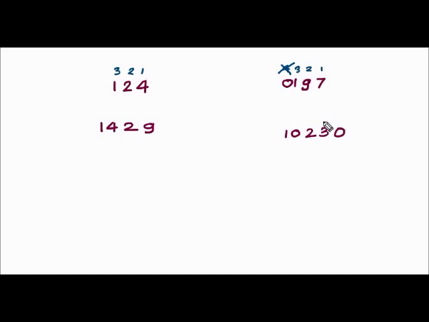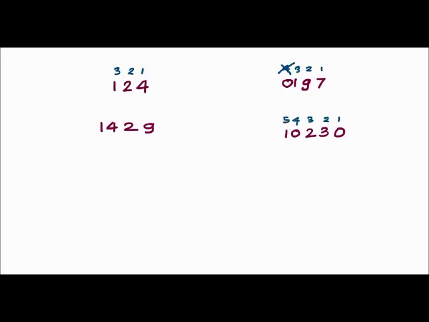I need to look to the left. Is there a digit on the left? Yes, I have a digit on the left, so I will count this 0. This is 1, 2, 3. Now one more 0. Should I count this? I look to the left. There is a digit to the left, so I will count this. So 4 and 5. This is a 5-digit number.